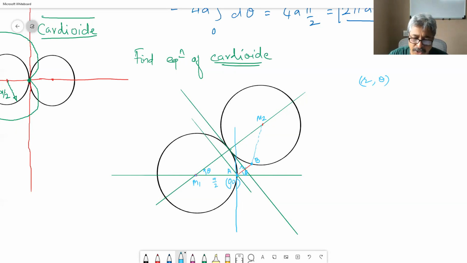Theta is this. Now, what is the distance AB? That is what we want to find out, so that is why these two parallel lines are drawn. From here to here the distance is a by 2, and from here to here, let us call this point C. So M1C is equal to a by 2 cos theta.